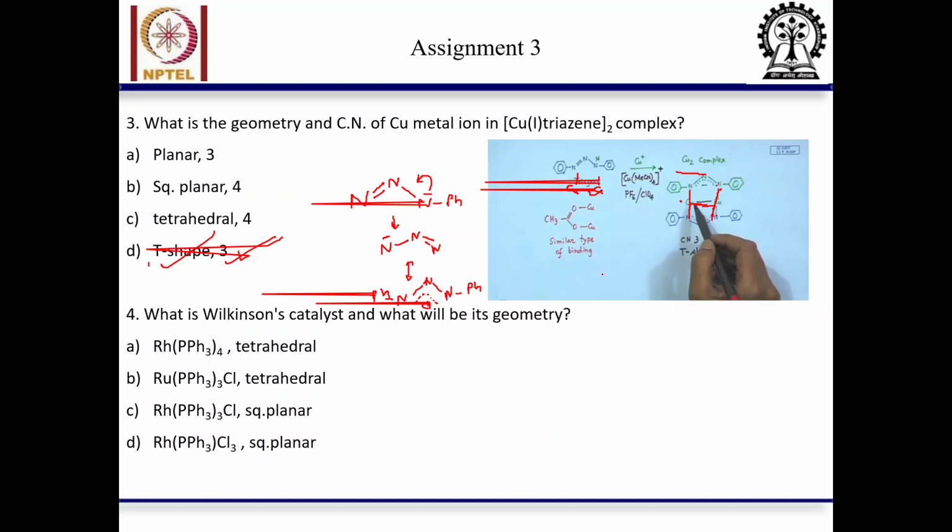Why is that rhodium complex so important? Can anyone tell me the role of this Wilkinson catalyst? Why is it so famous?